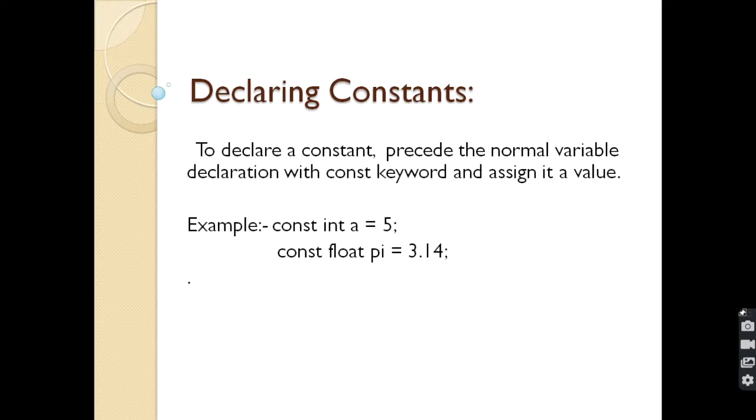Then we will understand how a constant is declared. Declaring a constant: to declare a constant, precede the normal variable declaration with the const keyword and assign it a value. const int a equals 5 and const float pi equals 3.14. Here int a equals 5 and float pi equals 3.14 are normal variable declarations.